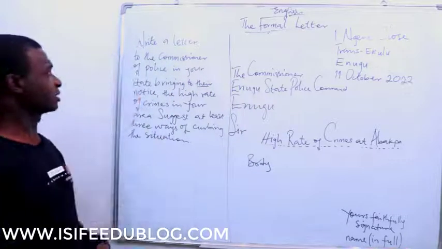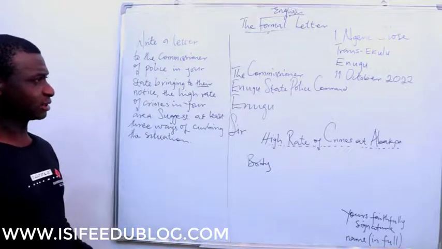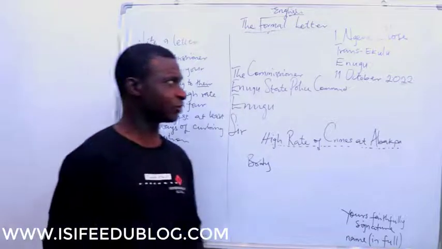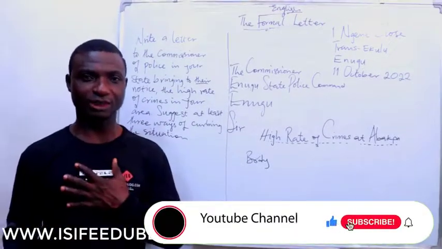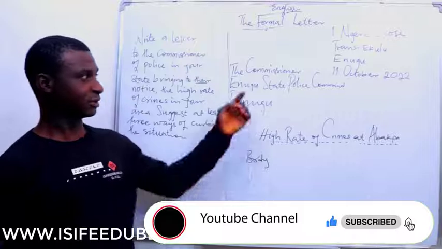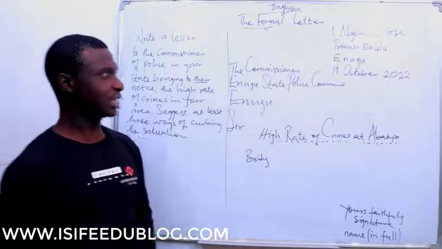Now, you've been asked to do this. How do you start? The formal letter is noted for having 2 addresses, your own as a writer and the address of the recipient. So I start with the address of the writer.